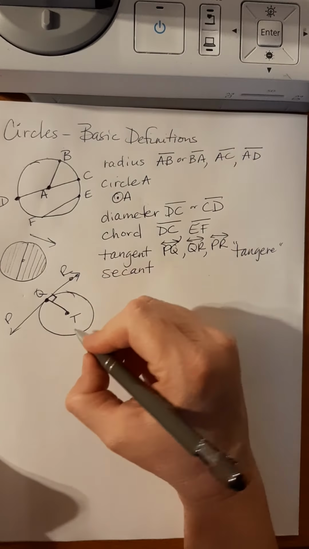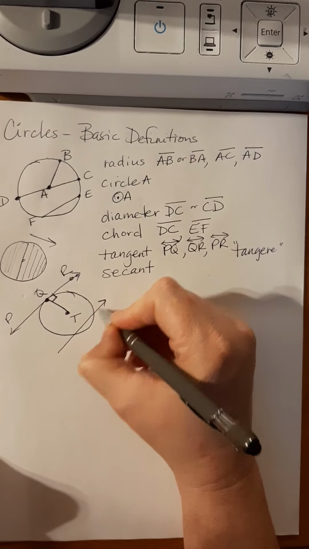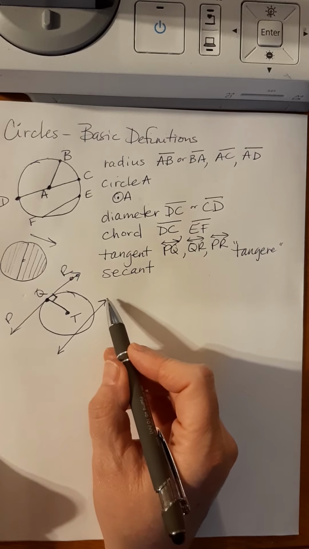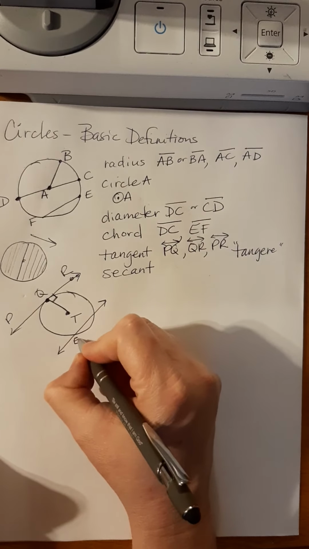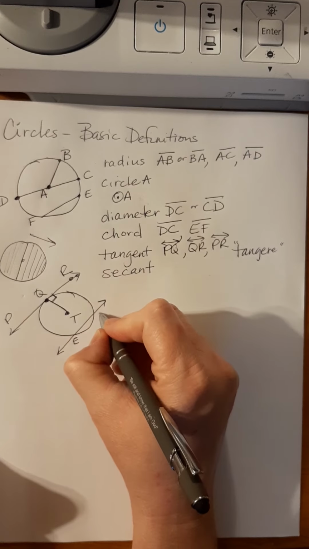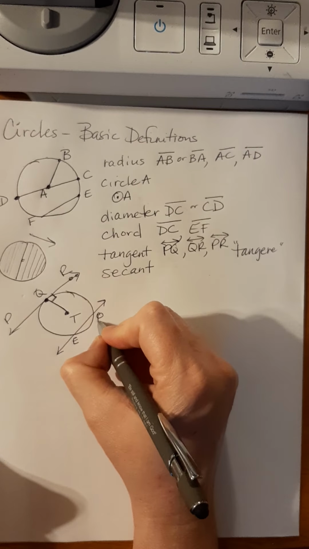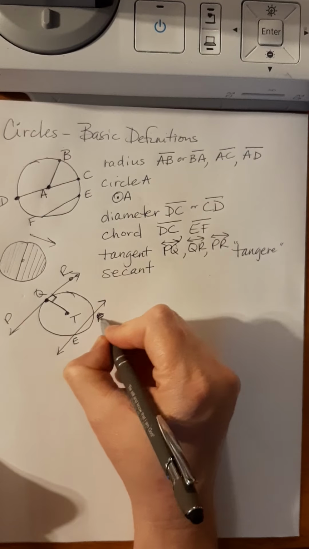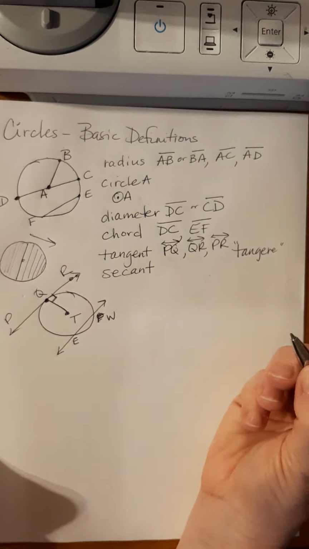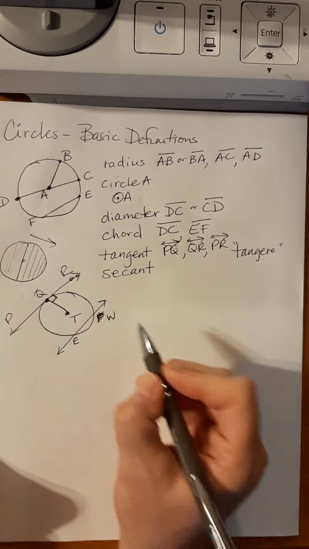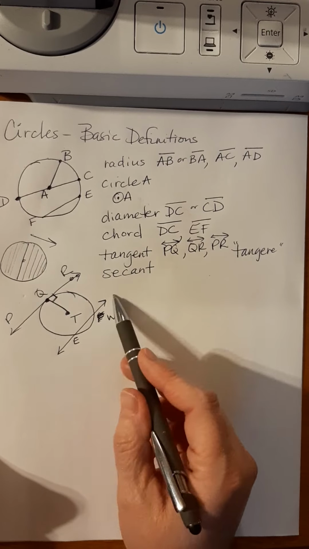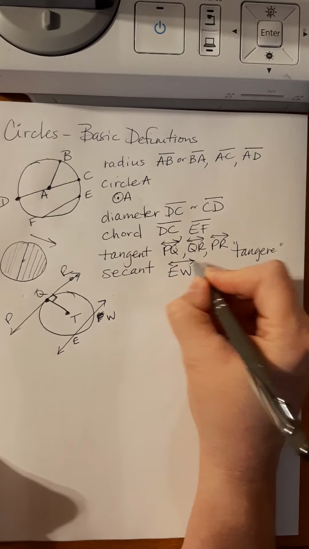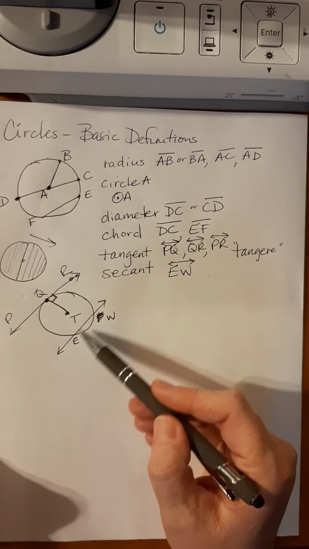And secant, the last. A secant is a line that cuts through the circle. So let's say I did E. Well, I've already done a P. We'll say EW. Sorry about that. So if I wanted to label the secant EW, with a line over it.